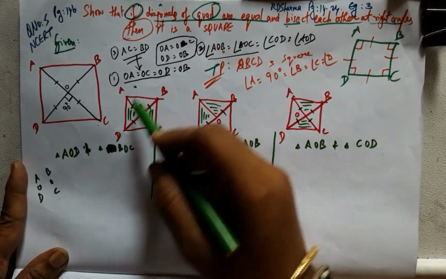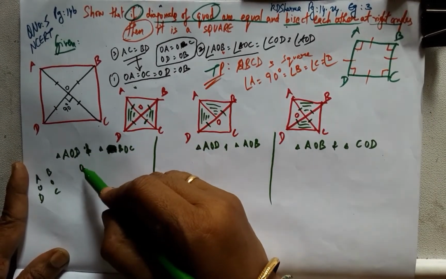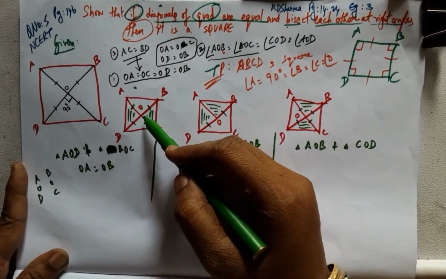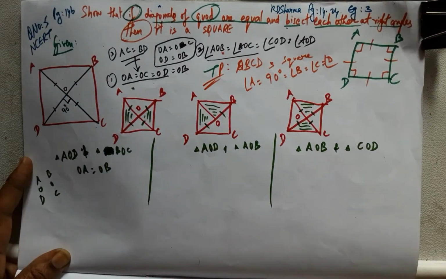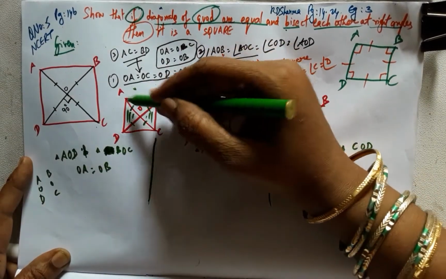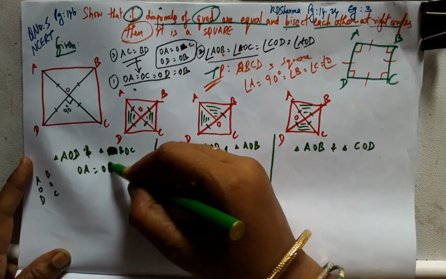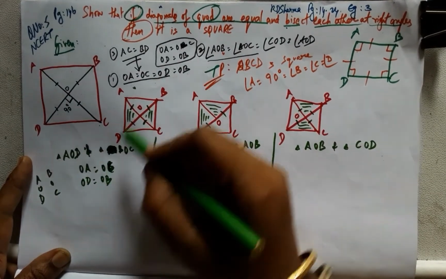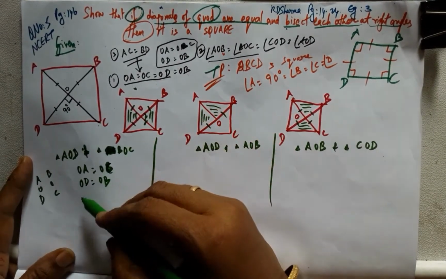From that we have OA equals OB. OA is equal to OC, this is the diagonal, and OD equals OB, and we have this angle equals this angle.